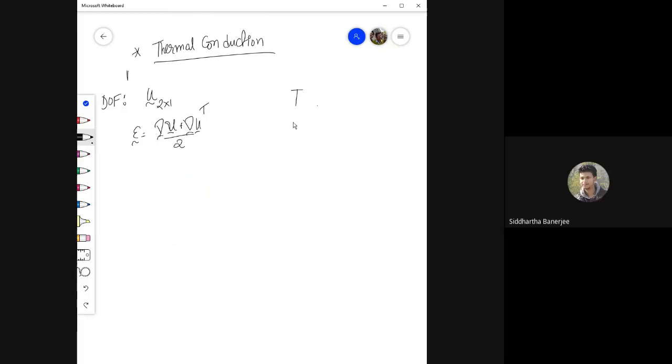Temperature gradient. Over here it's a matrix, and over here it's a vector.